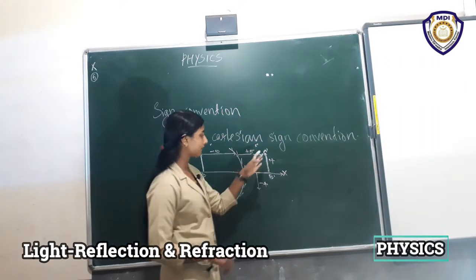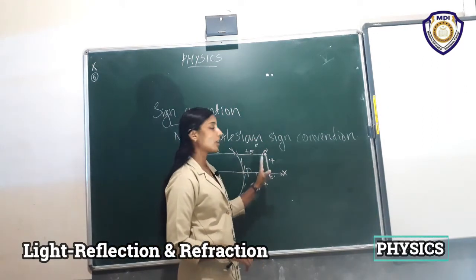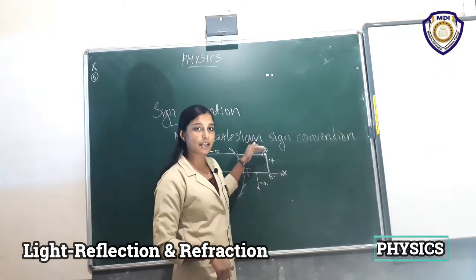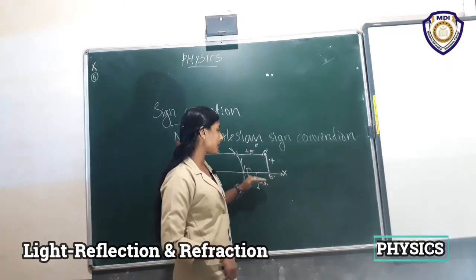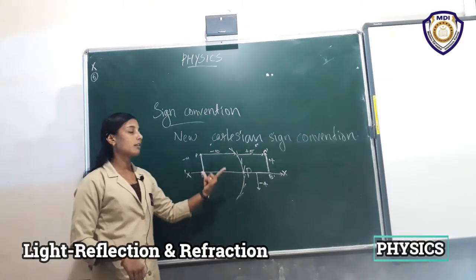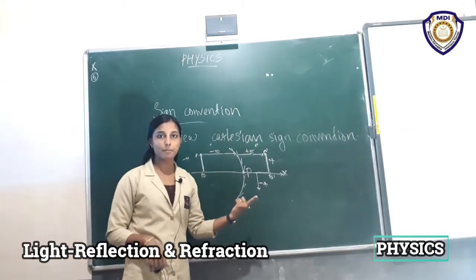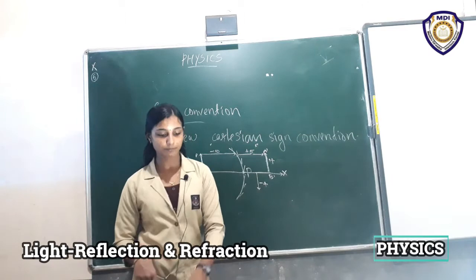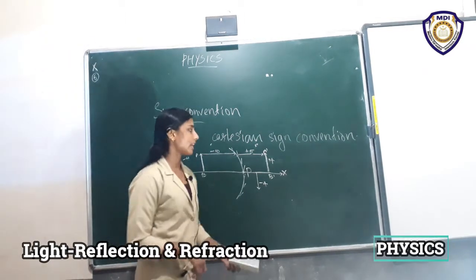Also, the perpendicular distance above the principal axis is taken as positive and below it is taken as negative. You should keep this in mind, because we have to solve some problems considering the sign convention. We will do it later.